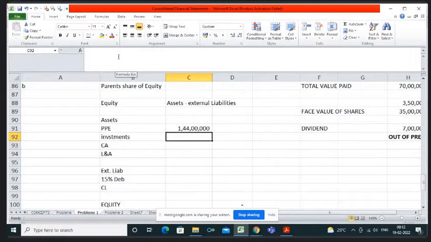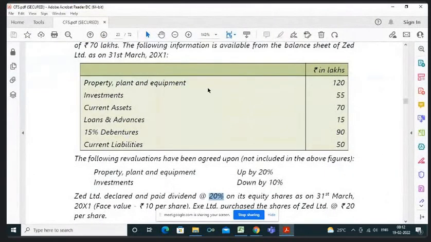So 1 crore 44 lakhs is the value of plant, property and equipment.